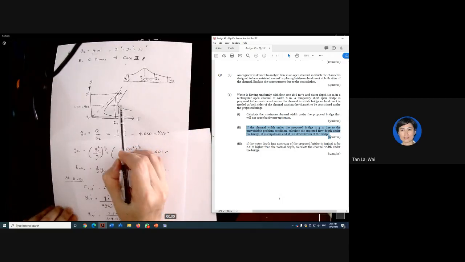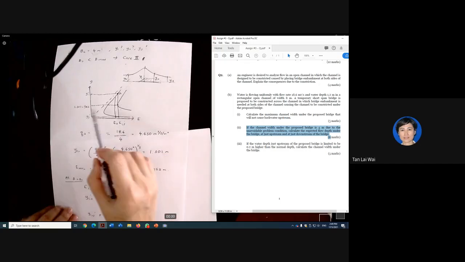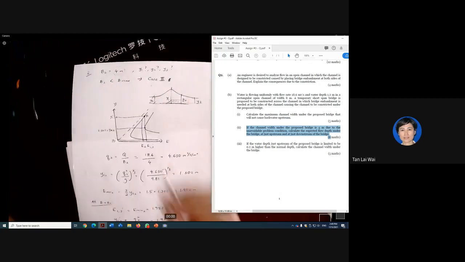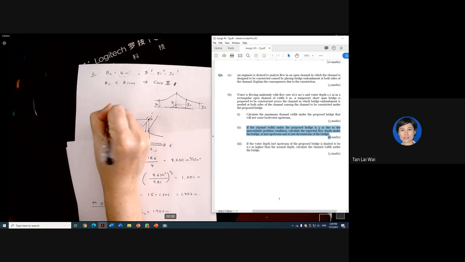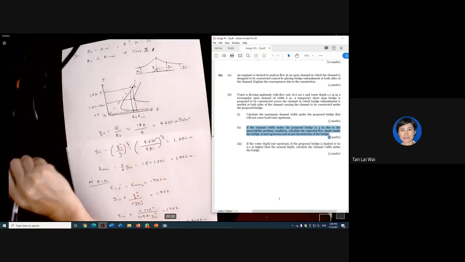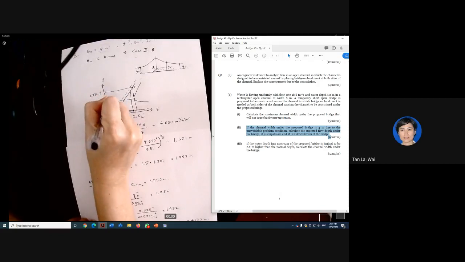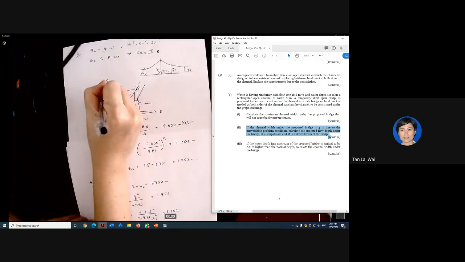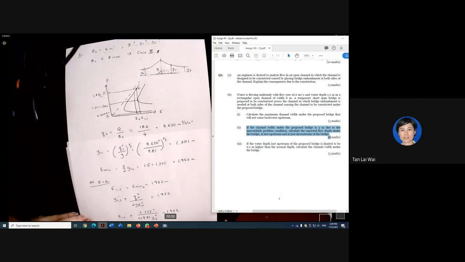So this is 1.301, so you are going to have 1.872, the other one is 0.4247 meter.